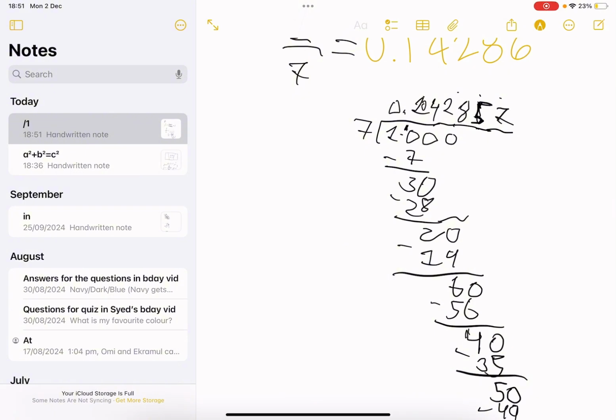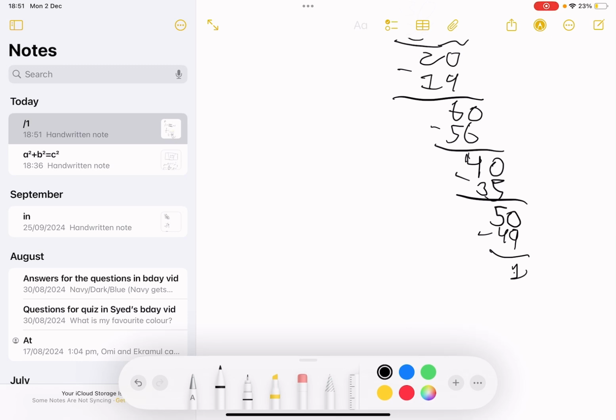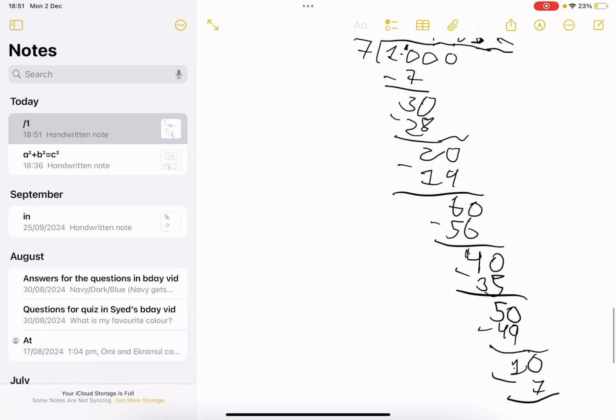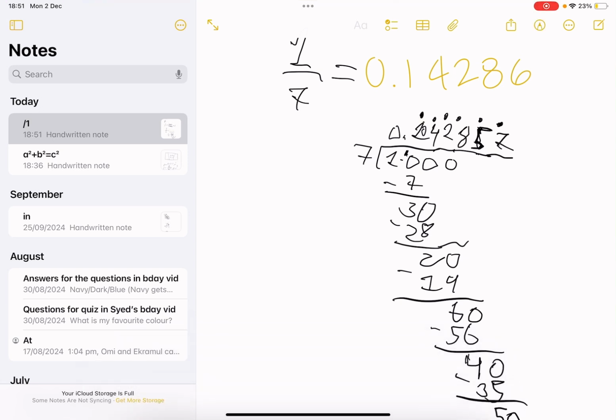And actually we do, because think about it, 1, 10, and then 7. So actually, what you need to do is put a dot on all of them to imply that this batch of numbers goes on forever.